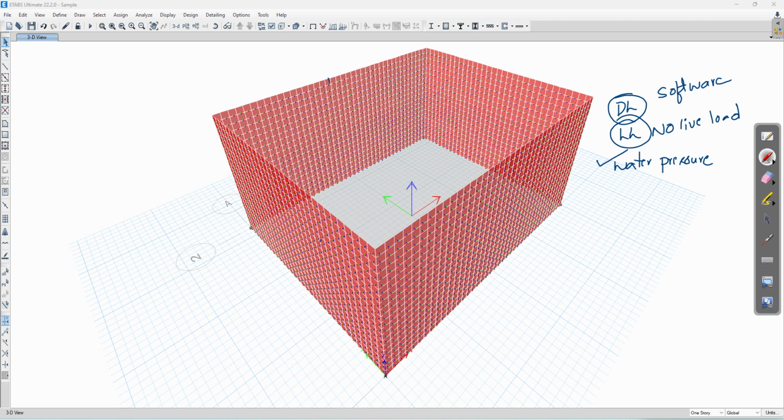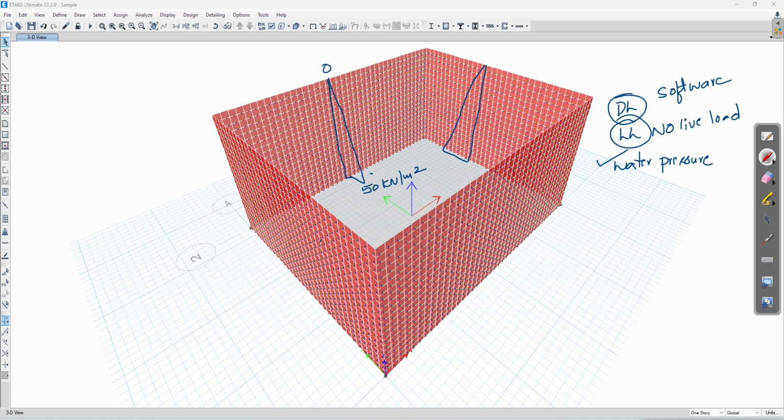So on all the four walls you have a triangular distribution like this. On all the four walls your water pressure distribution will be triangular. So at the top it is 0, at the bottom it is 50 kilonewton per meter square from inside.